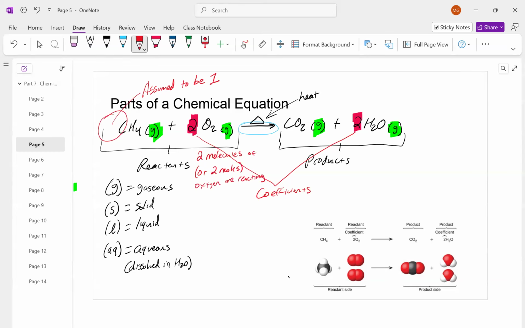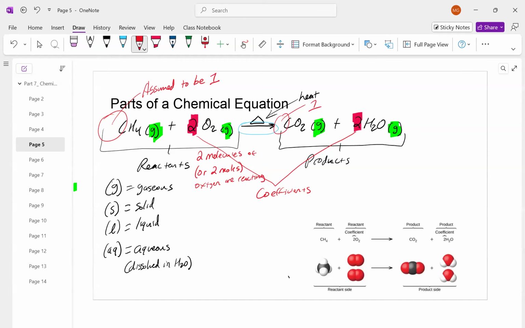Or again, I'll expand that: for every mole of CH4, I need 2 moles of O2 in order for the reaction to be complete. And what does that mean for the product side? Well, if everything is fine on the reactant side, I will get 1 mole or 1 molecule of carbon dioxide and 2 molecules of water if this reaction is complete.